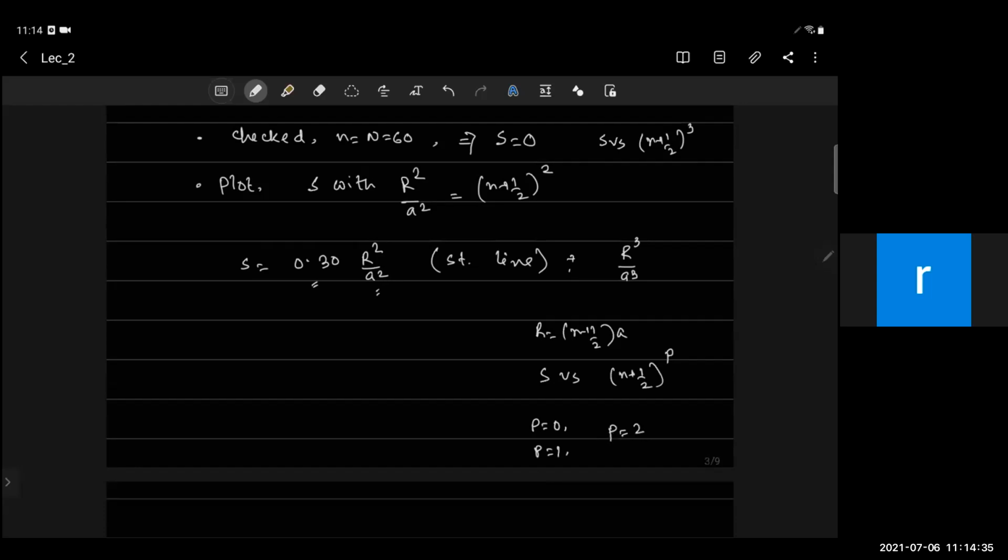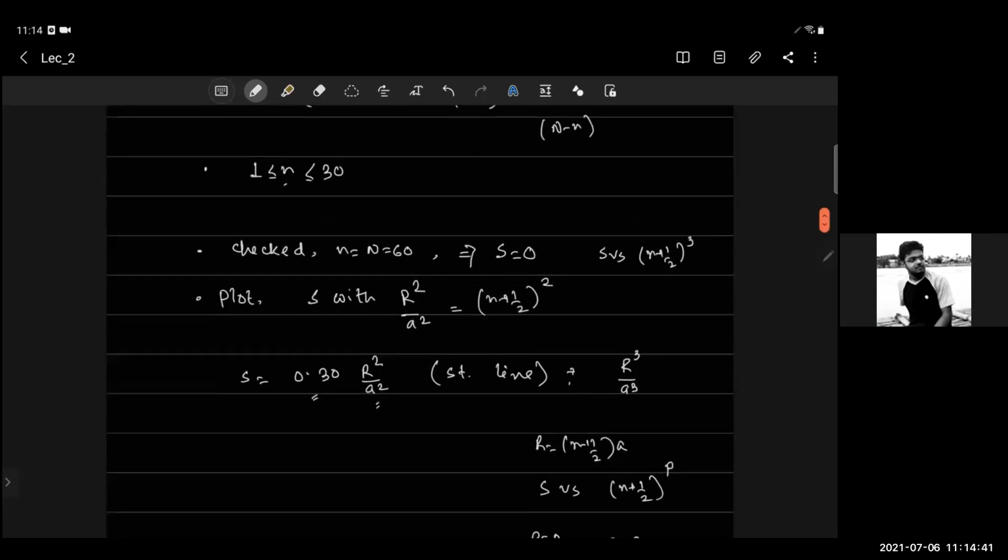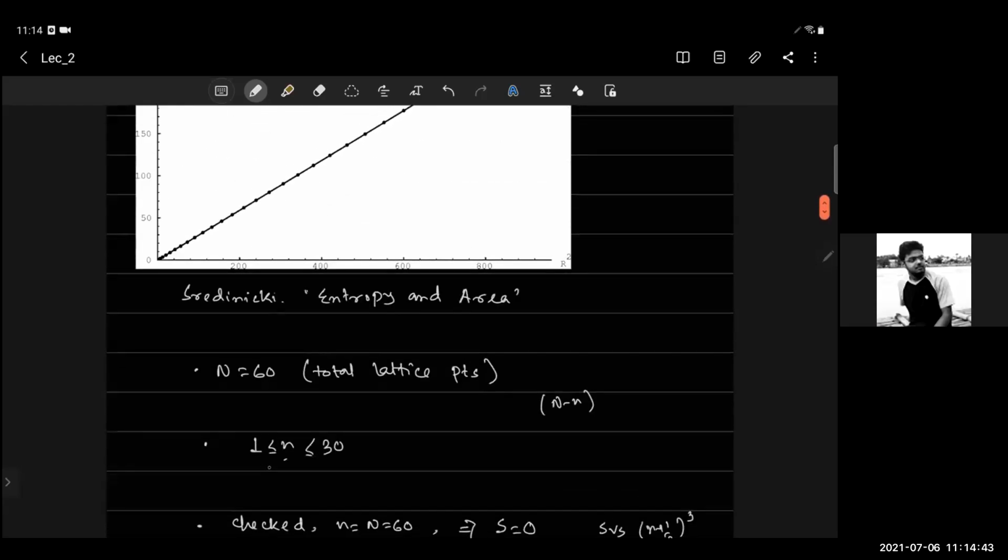But suppose n is taken to be fixed. No, capital N is fixed, but the plot is generated by varying small n. Then for large n, it would be like whatever the slope is. There's no large n because you fix the total number of lattice sites. Okay, I see.